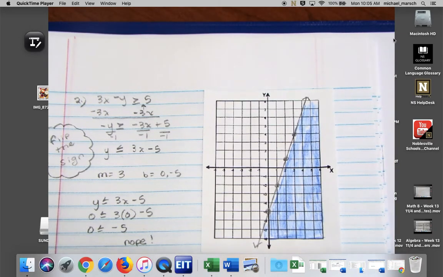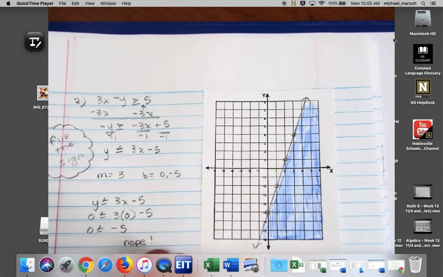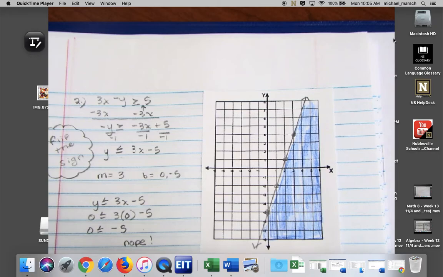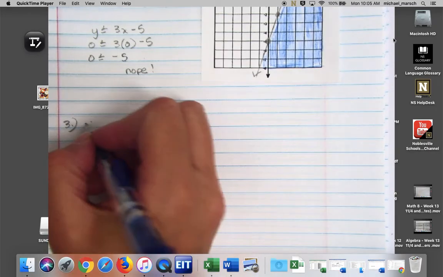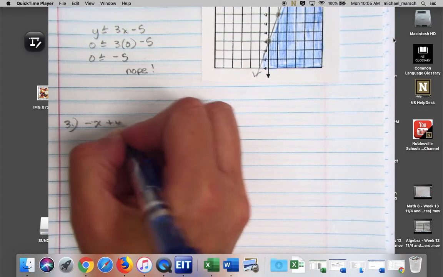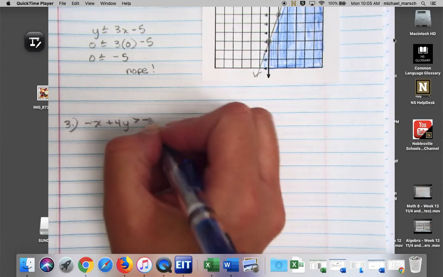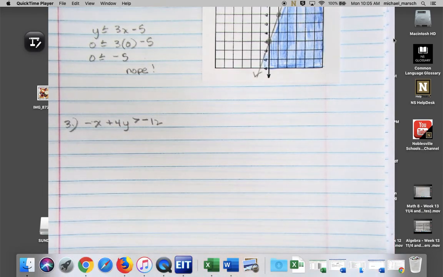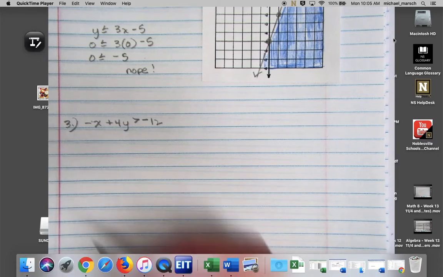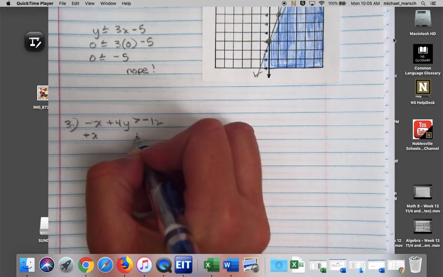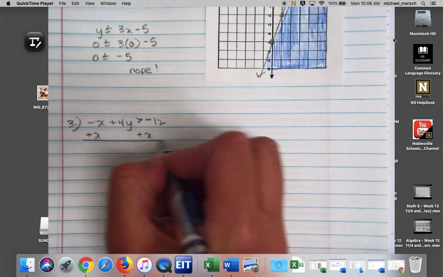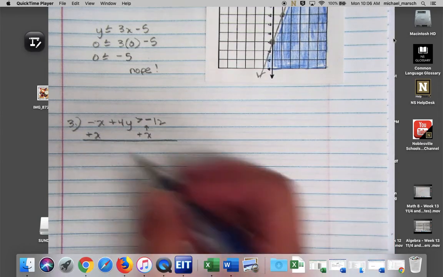Hopefully you're kind of picking up on this pretty easy. All right, let's do another example. We've got opposite of x plus 4y is greater than negative 12. I'm going to add x to both sides to get it into that slope-intercept form. Remember, I'm sneaking the x in there.